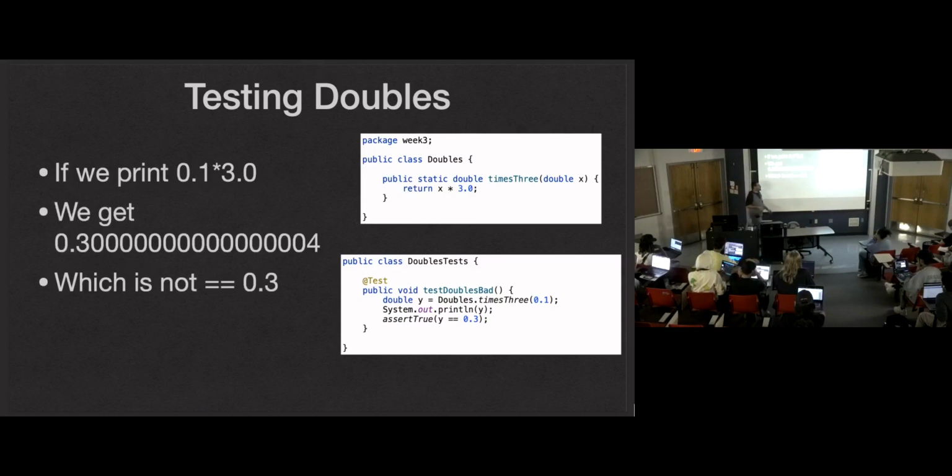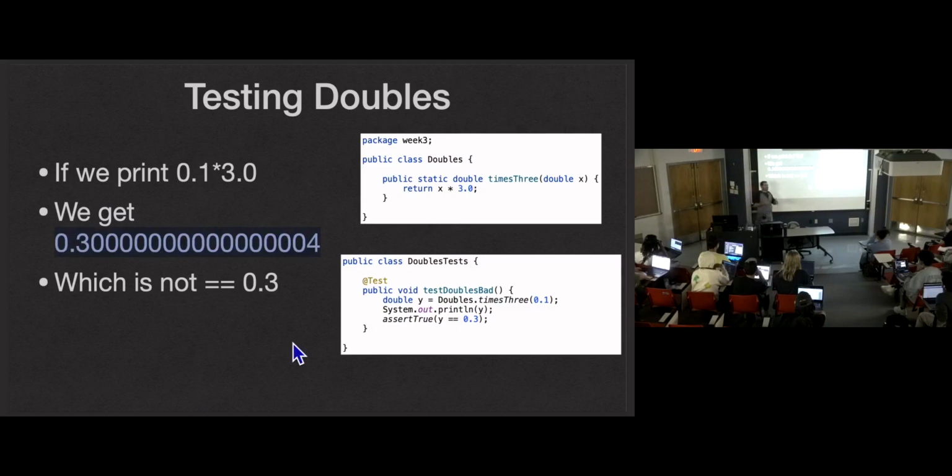So if we multiply, and there's no magic here, by the way, I'm making a method call. I have a test suite. But if you just write a main method and print 0.1 times 3.0, that's where the error occurred. Just print those two values multiplied by each other. You're going to get 0.3 and then all these zeros and a 4. In fact, you'll get this in most programming languages.